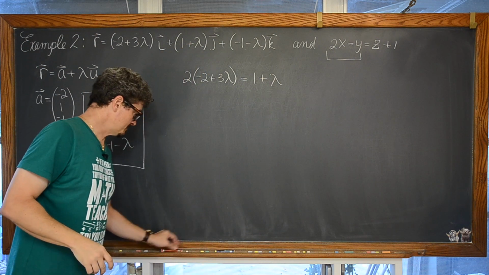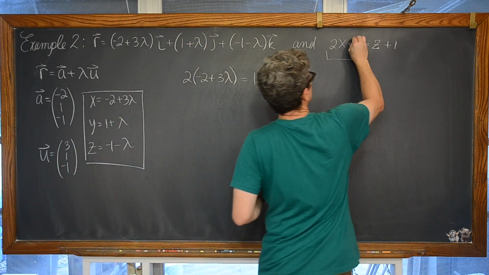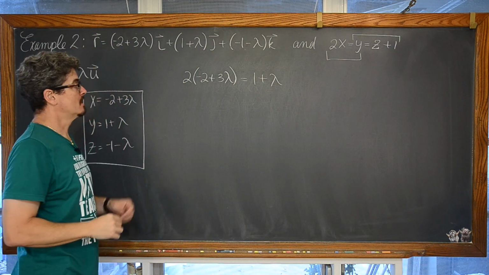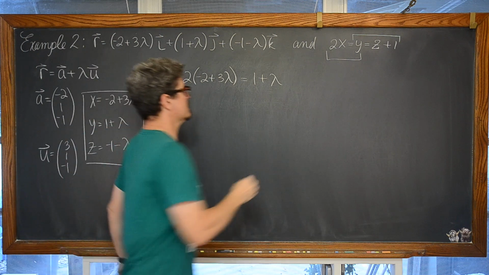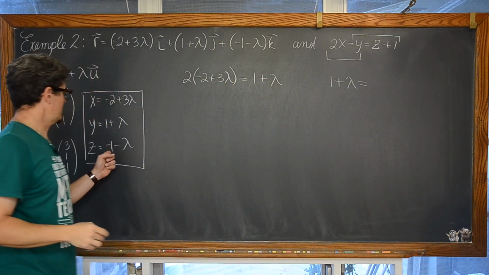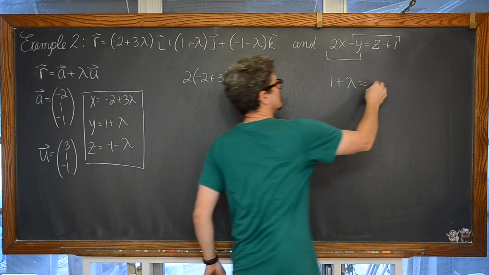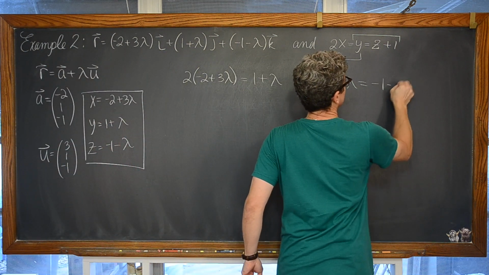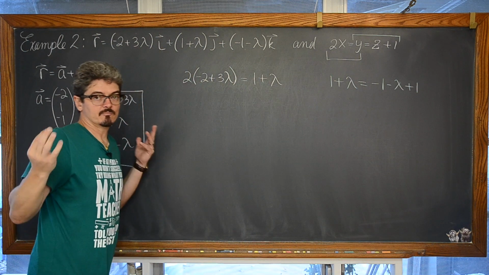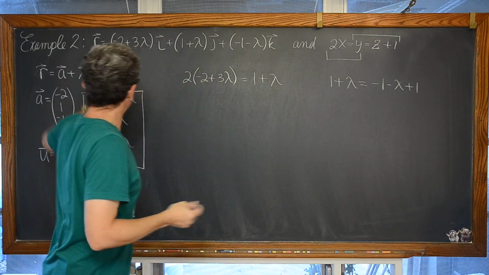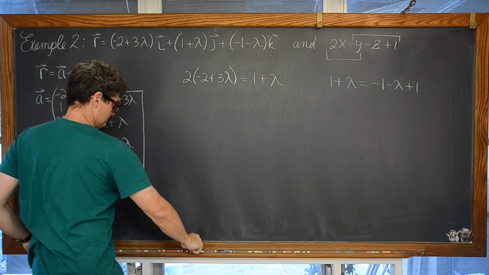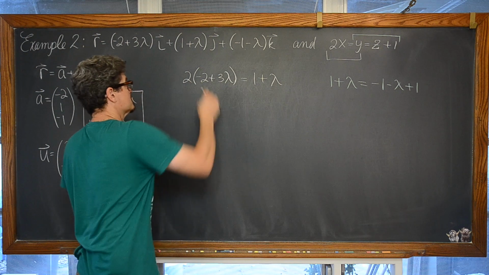And our second equation, which is going to be made up of our second and third part of our Cartesian form of this line in 3D space: y one more time is 1 plus lambda, equals z, which we have as negative 1 minus lambda, plus 1. And just solve for lambda. Find it, plug it back into these three equations that are in parametric form, and you've got your intersection point. Unless, of course, it comes out to be inconsistent.